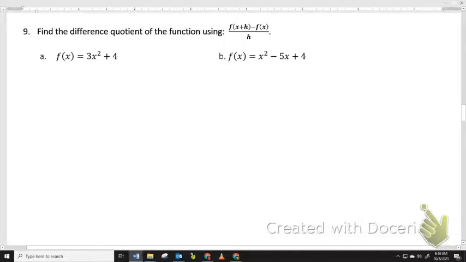All right, so we're going to use our difference quotient. Here's my function f of x. So up on top, when it says that I want f of x plus h, that means I'm going to sub this in for x.